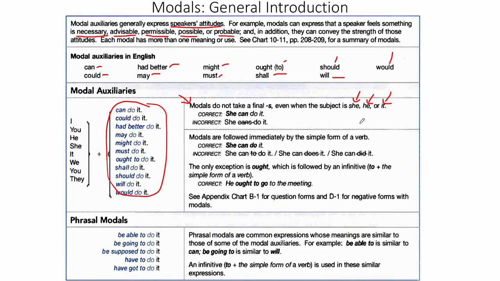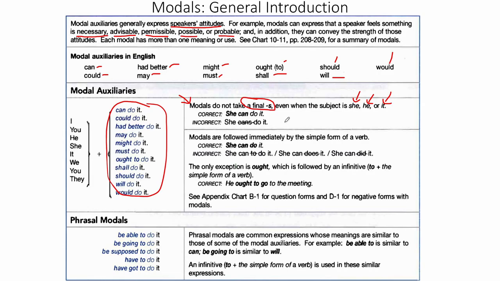Normally we know that when we have the third person singular in present simple, we normally should add S at the end of the verb. But for the modals, we never add the final S. For example, we say she can do it, but if you say she cans do it, that's not correct.